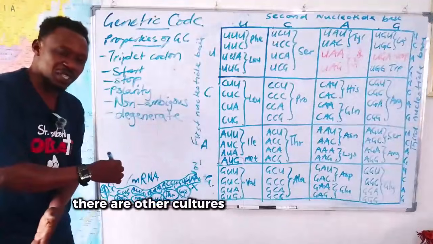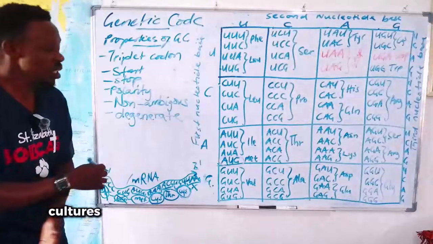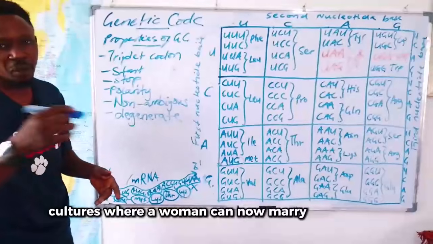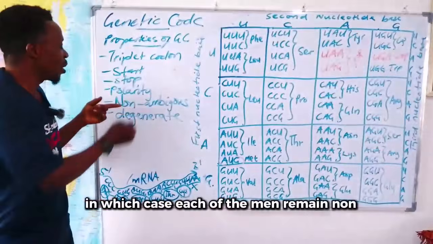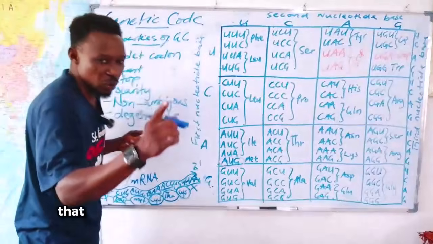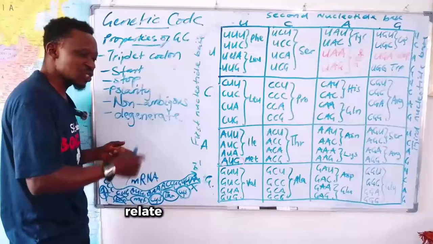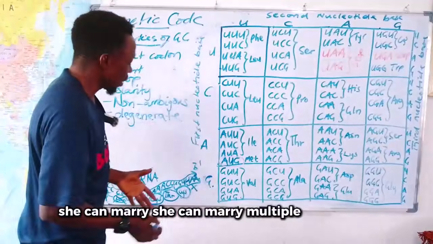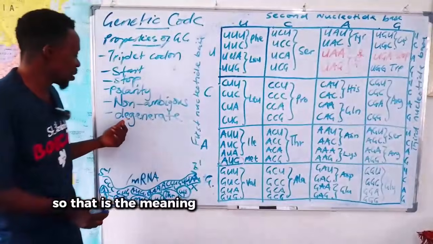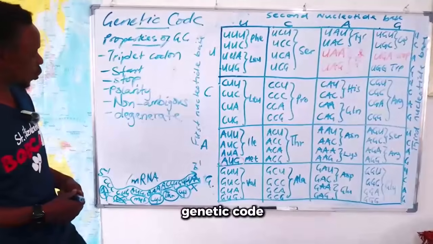There are other cultures where the reverse is the case. In polyandrous cultures, a woman can marry multiple men, in which case each of the men remains unambiguously committed to that woman, but the woman is degenerate, she can marry multiple husbands. So that is the meaning of the degenerate property of the genetic code.